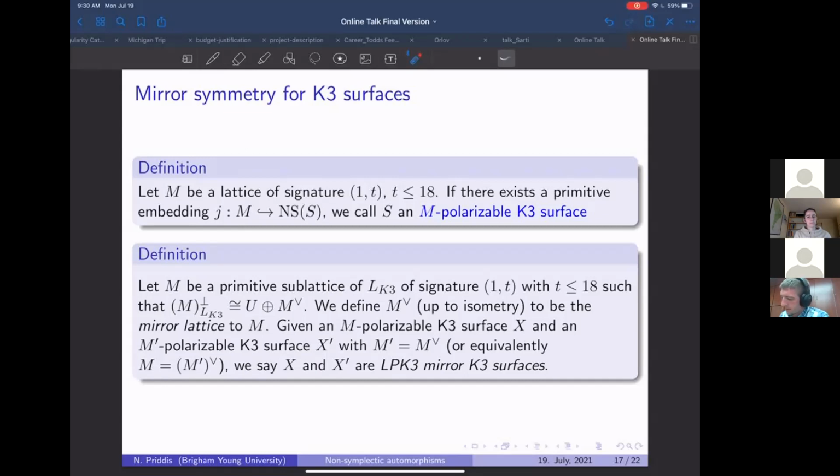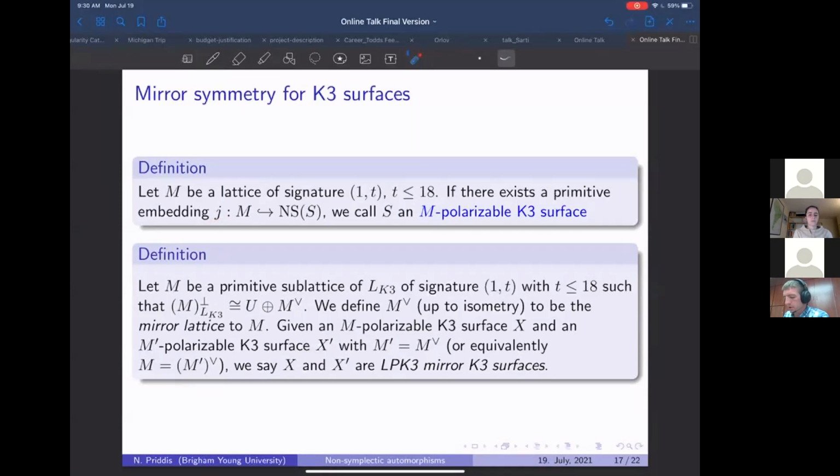Well, you start with what we call M-polarizable K3 surfaces. You can do this more precisely by including the actual embedding in the data of the K3 surface. If you talk about polarized K3 surfaces, that would include the data of this embedding.